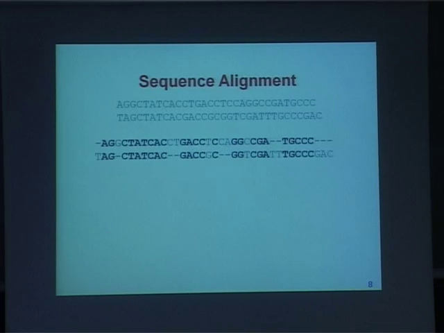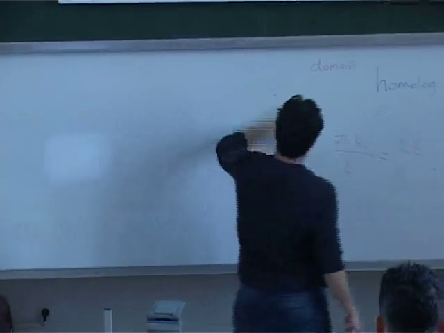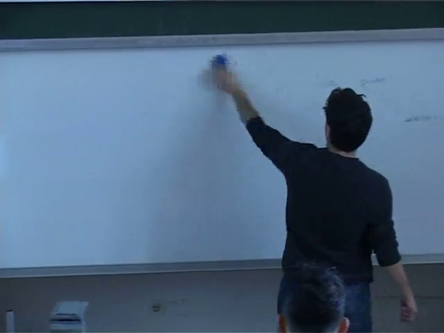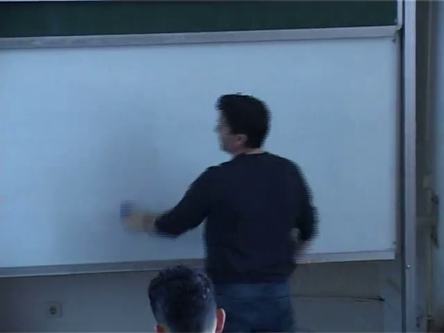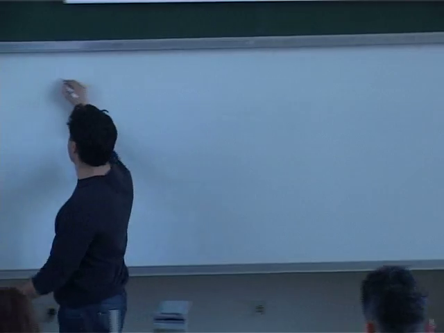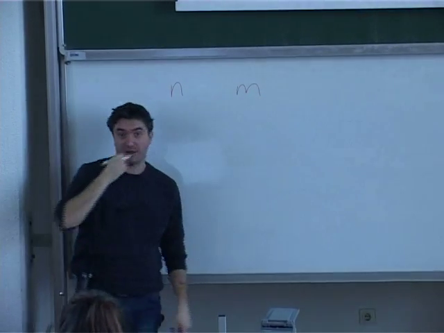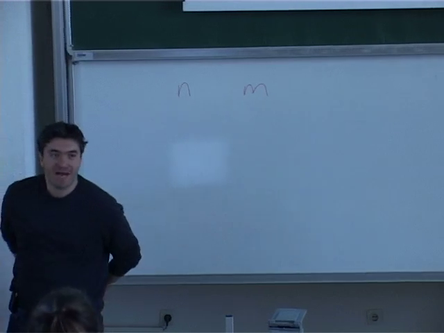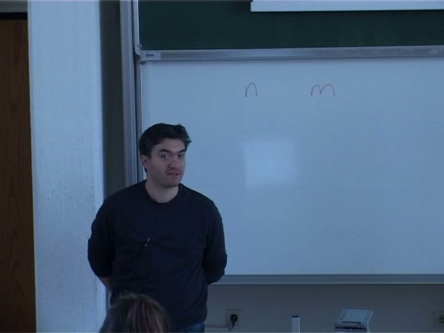So if you think about an alignment, if you have a sequence of length n and a sequence of length m, what is the maximum length of the alignment?